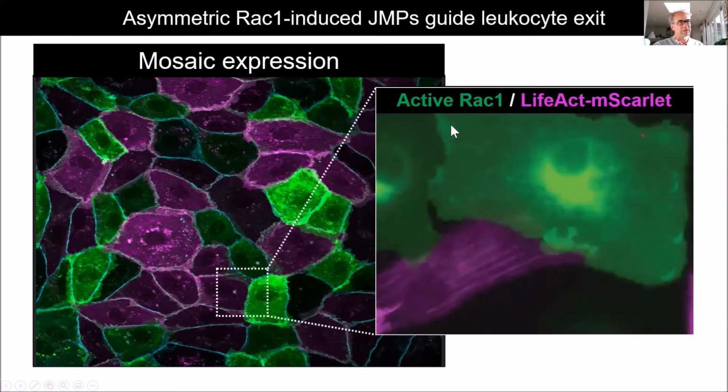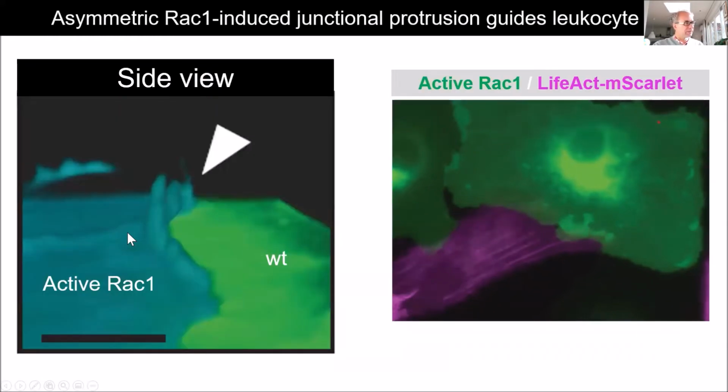that shows this transfected as active Rac, and the red cell that shows something else, in this case live Rac, but can be any other FP. And it results in a typical junction membrane protrusion at one side and no protrusion at the other side. So having here an asymmetric junction, as you can see.